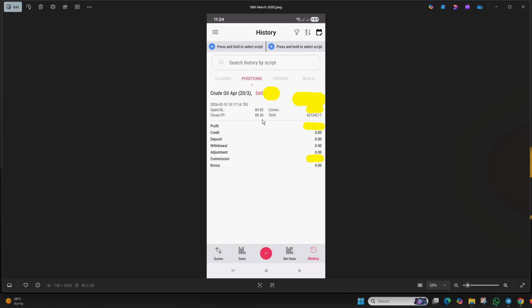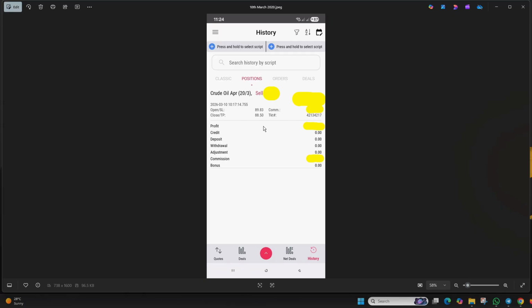But if you convert it into rupees, if I trade with one lot of US crude and make a profit of $1.33, then it is a profit of 1,33,000 rupees. So that $1.33 profit that I'm talking about is not a small amount. It is a big amount.